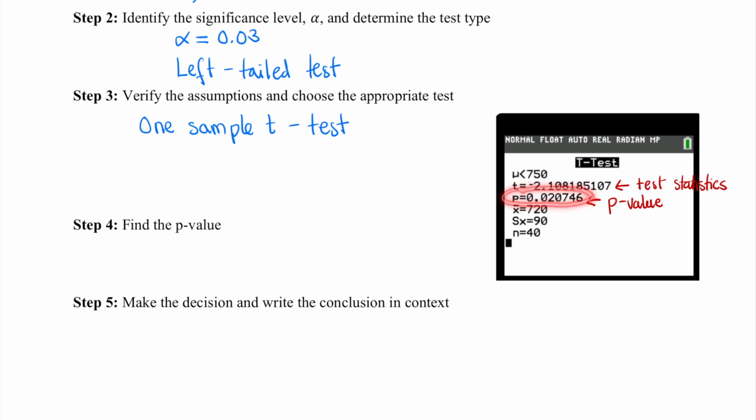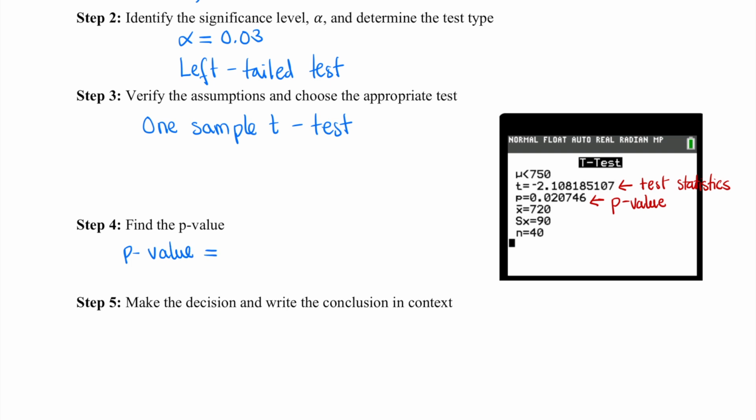So in this problem, we're looking for the p-value. So we'll have p-value equals 0.020746. And let's round this to 4 decimal places. So we get 0.0207.